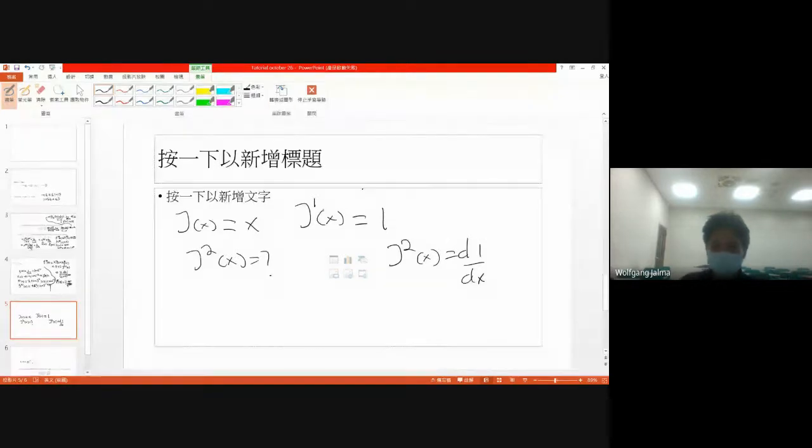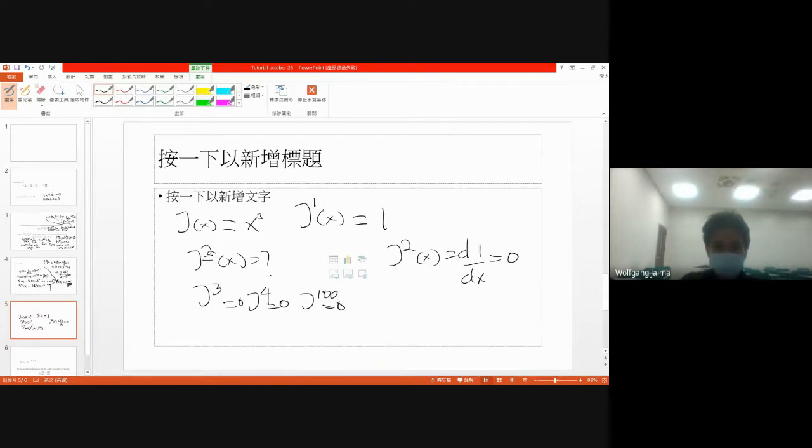So the derivative will be 0, right? Now we can see that if the derivation number is higher than the polynomial power, which is here 1, but we derive twice, the answer will be 0. And also the third, the fourth, the 100th derivative of j, all will be 0.